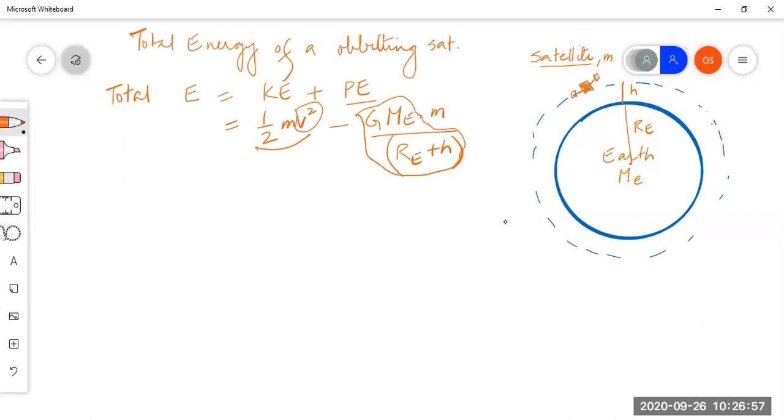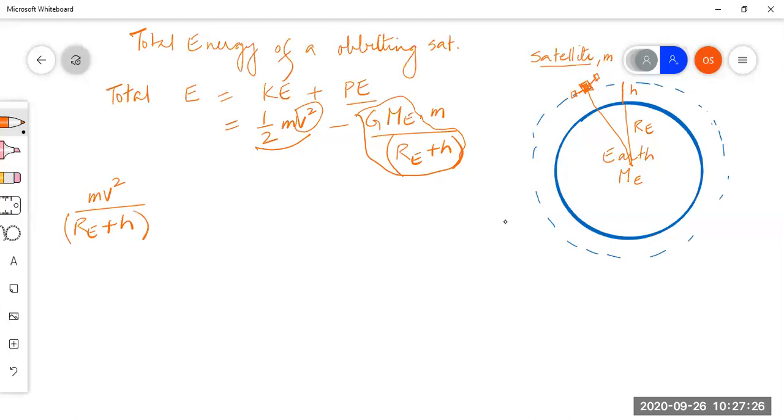Now, students, along this radial direction, what is the centripetal force? The centripetal force along the radial direction is given by m v square by Re plus h. It's m v square by r, where r is the orbital radius, and here in this case it is Re plus h.